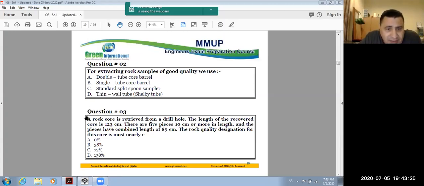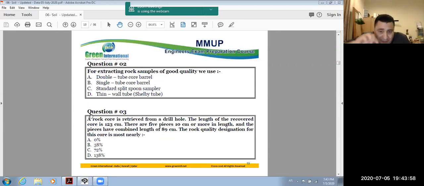We have another question, number 3. Nobody remembers the quality of the sample, the quality percentage. Read: a rock core is retrieved from a drill hole. The length of the recovered core is 123 centimeter.